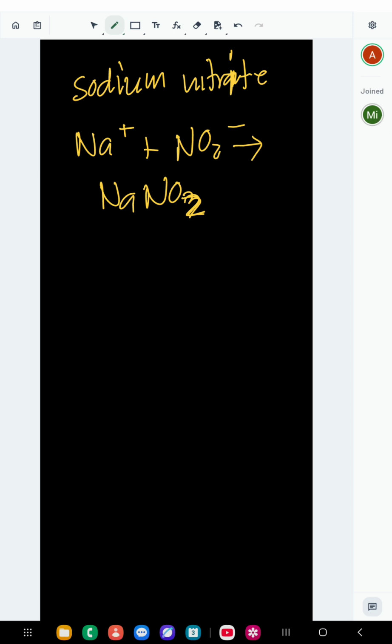Alright. Then dinitrogen heptafluoride. Hepta, so you have 7 fluorine there, 2 nitrogen. Then ammonium sulfate. What is the charge of sulfate?